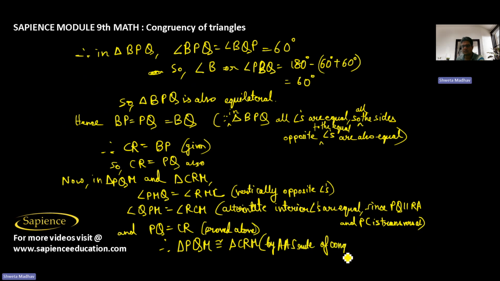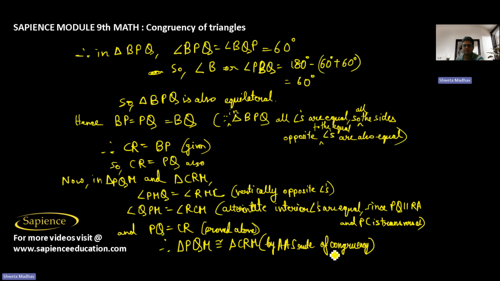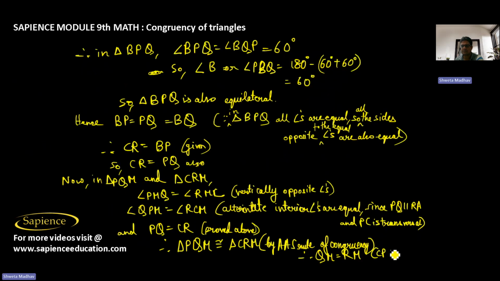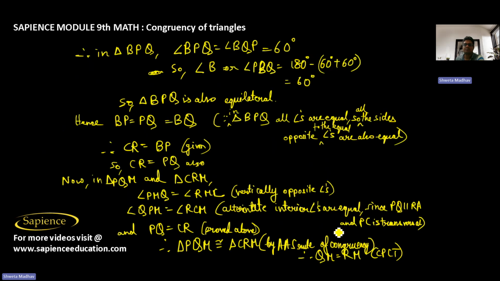So we can say that QM is equal to RM by CPCT. So hence QR bisects PC.